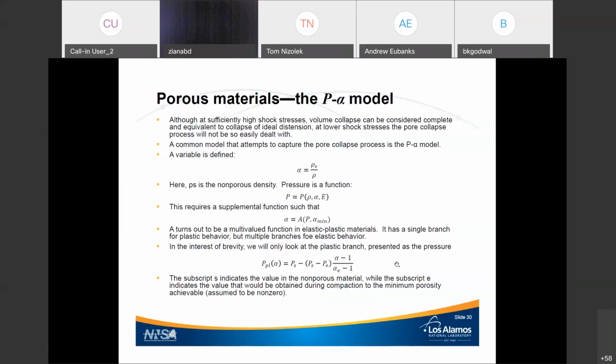I'm not going to talk about Hugoniots and stuff with this. I just want you to know that this is out there. The plastic branch in this looks like this. You may see it presented in slightly different ways depending on the author. Again, PS is the value that you would have if the material weren't porous.